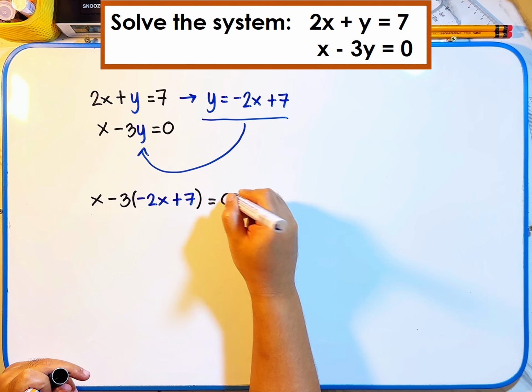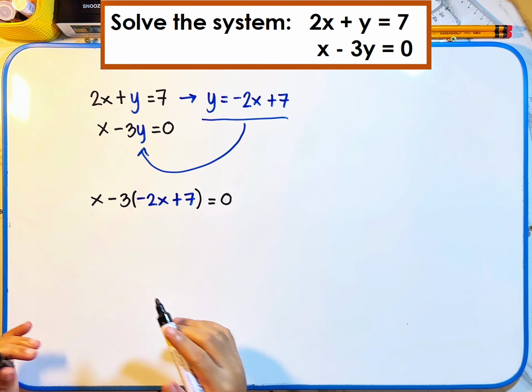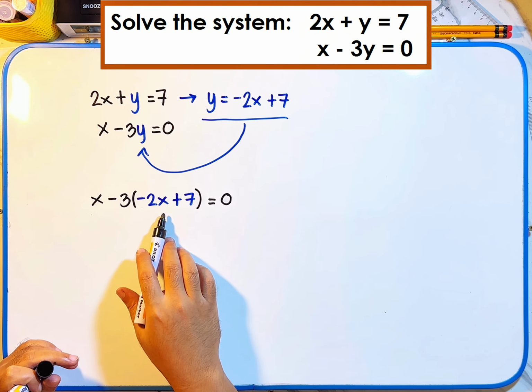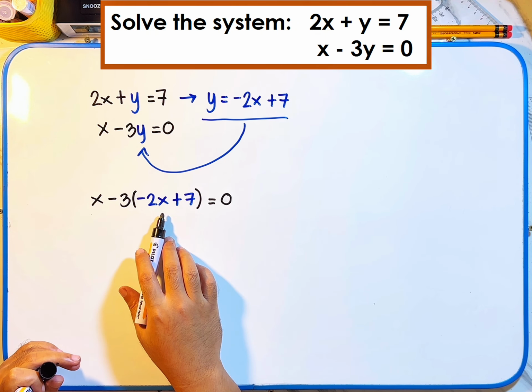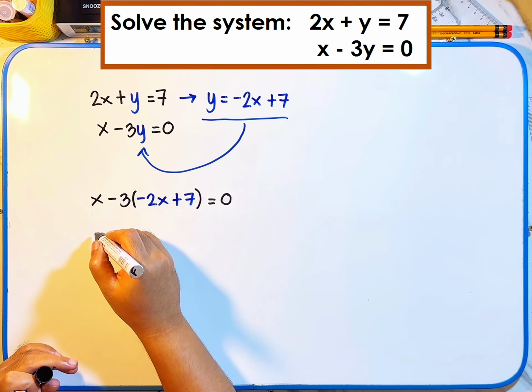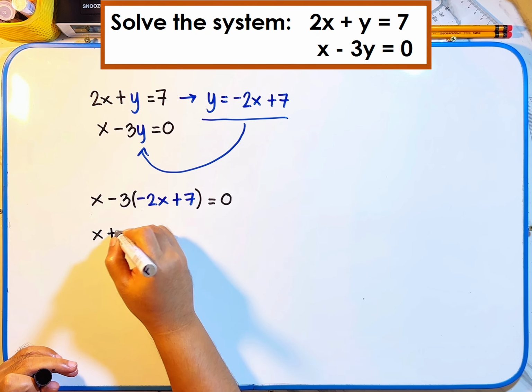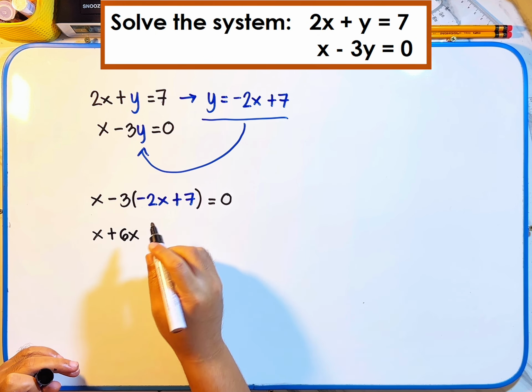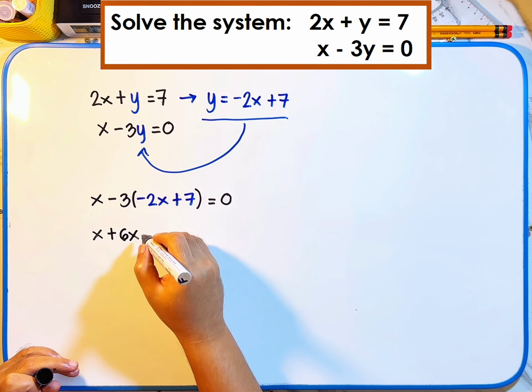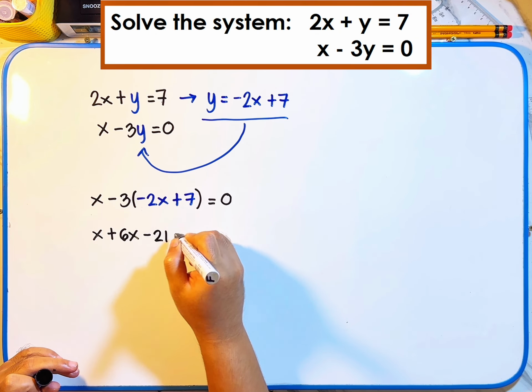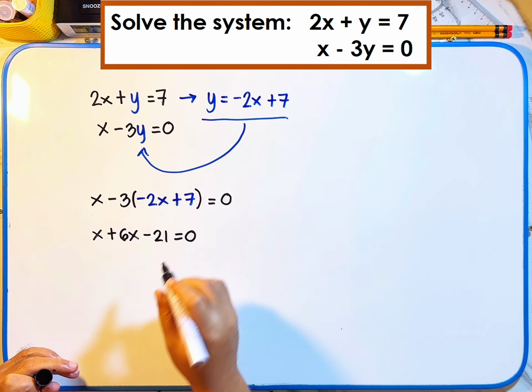Equal 0. And as you can notice, the only variable remaining is the variable x. So we just have to solve for x. Negative 3 times negative 2x is positive 6x. Negative 3 times 7, that is negative 21, equals 0.